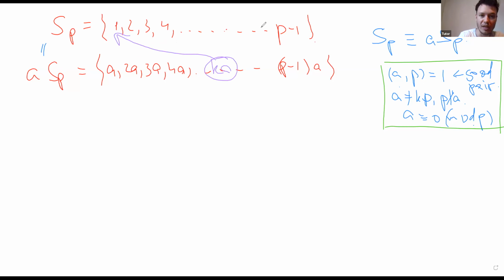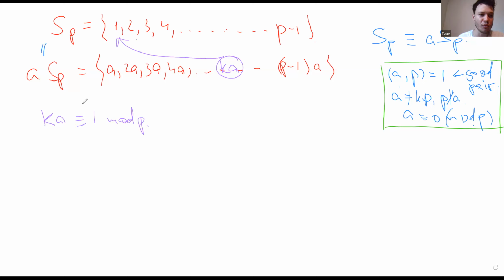Maybe we can call this element Ka. What is special about this element Ka, which has the same remainder as 1? This says that Ka is congruent with 1 mod P.